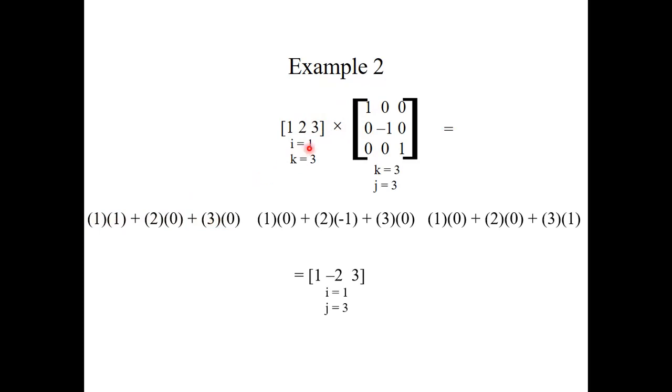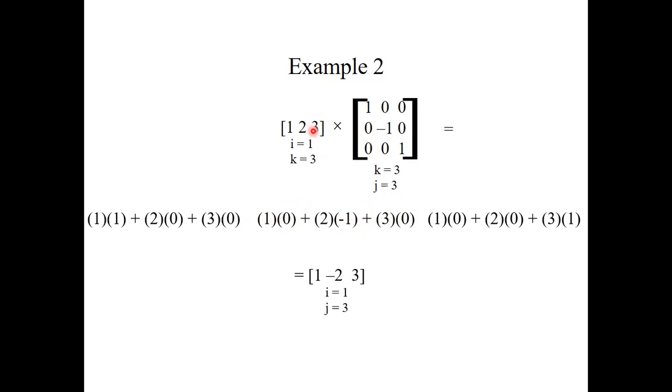Then you multiply the first row with the second column, and that gives 1 times 0 plus 2 times minus 1 plus 3 times 0. You see this here.